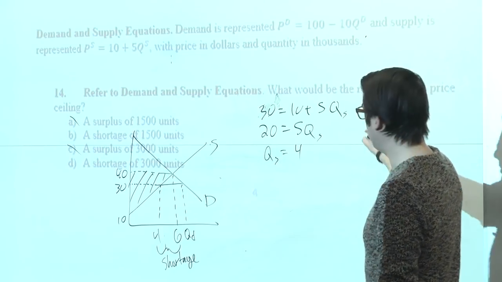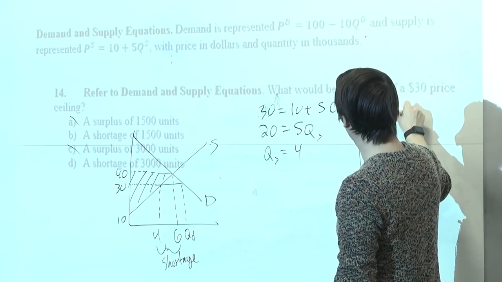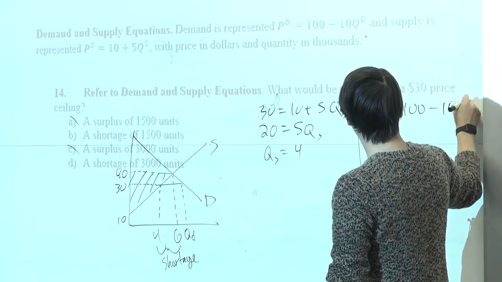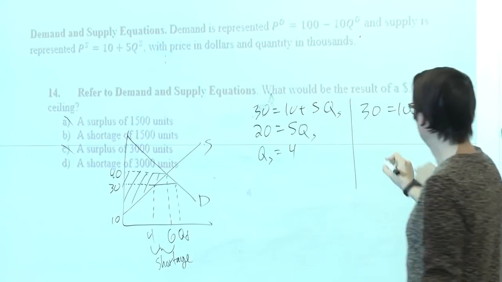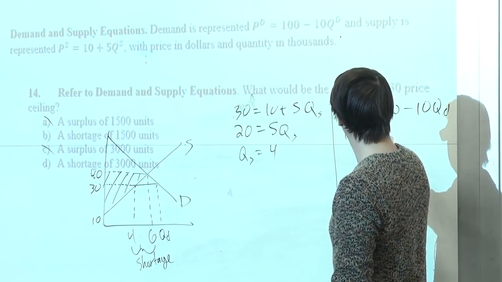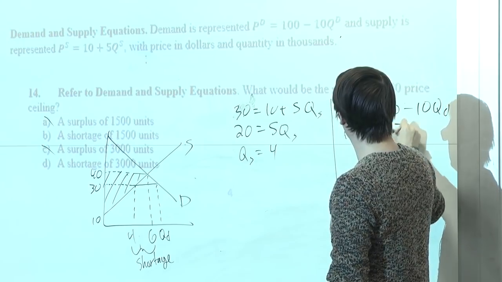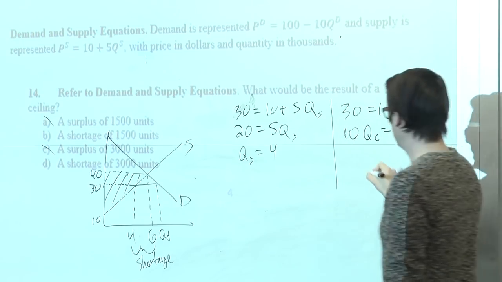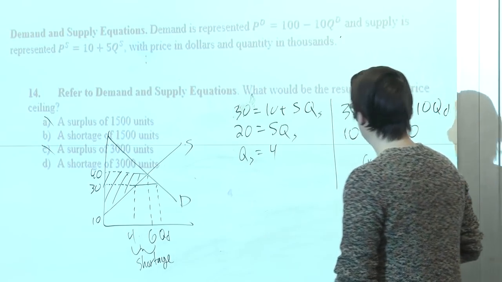All right, now let's do the same thing for demand. Price of 30 equals 100 minus 10 QD. So we get 10 QD equals 70, and QD equals 7.